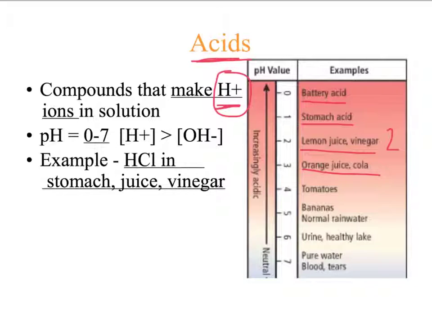Even things that seem pretty neutral, that you wouldn't associate at all with acidity, like bananas or lake water, typically are. Even a healthy lake, we talk a lot about acid rain, but even naturally healthy, unaffected lakes have a little bit of acidity to them. And I just realized I said basic acidity. I meant a little bit of acidity, not basic like a base.